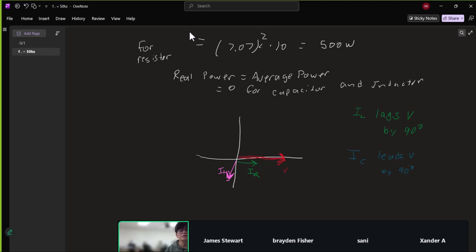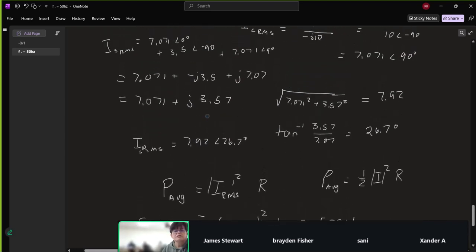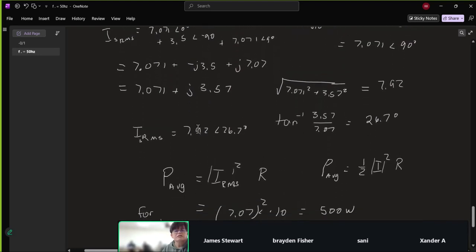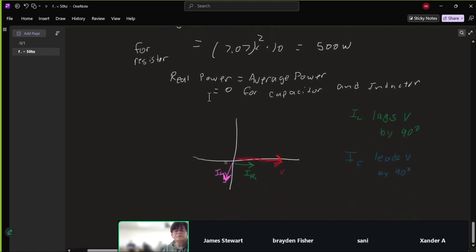What was the capacitor current? 7.071. Okay. It should always just be the opposite direction of IL. IL and IC are always pointing in opposite directions, correct?